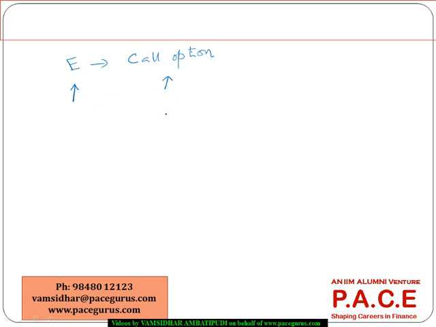Right? We know that as R is increasing, call option value will increase, means equity value also increases. As the sigma increases, call option increases, means equity value also increases. Or as the time to maturity increases, the call option also increases, means equity value also increases. And as the strike price increases, the call option value will decrease, so the equity value also will decrease.